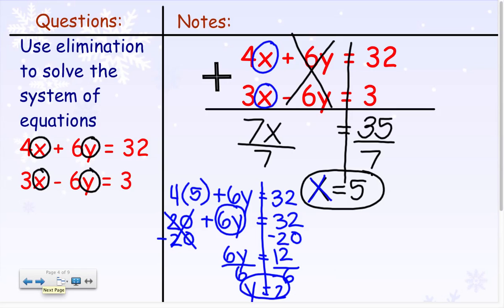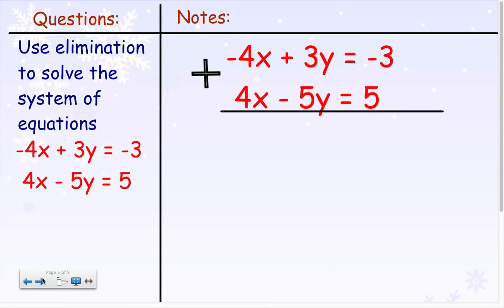So the coordinate point where these lines would intersect is 5, 2. So my answer is intersecting, one solution at 5, 2. If I did substitution for this, I'd get the same answer, 5, 2. If I graphed these equations, you would get the same answer, 5, 2. They'd intersect at 5, 2.